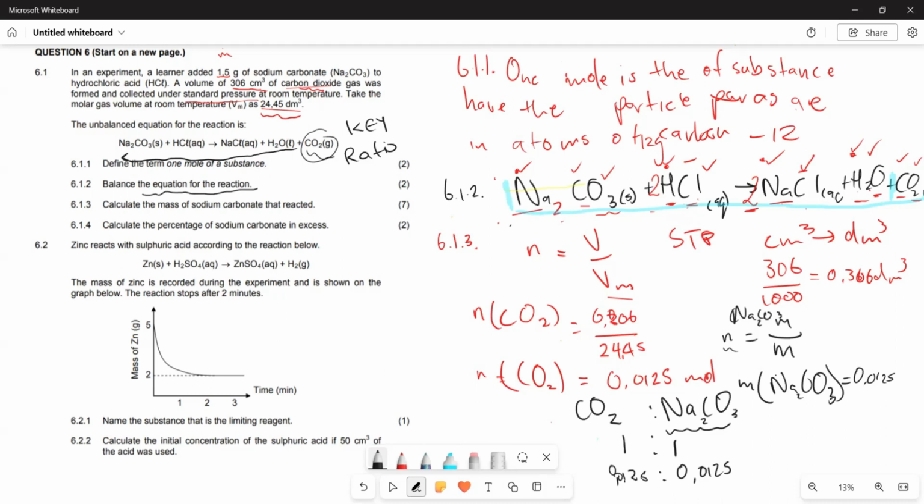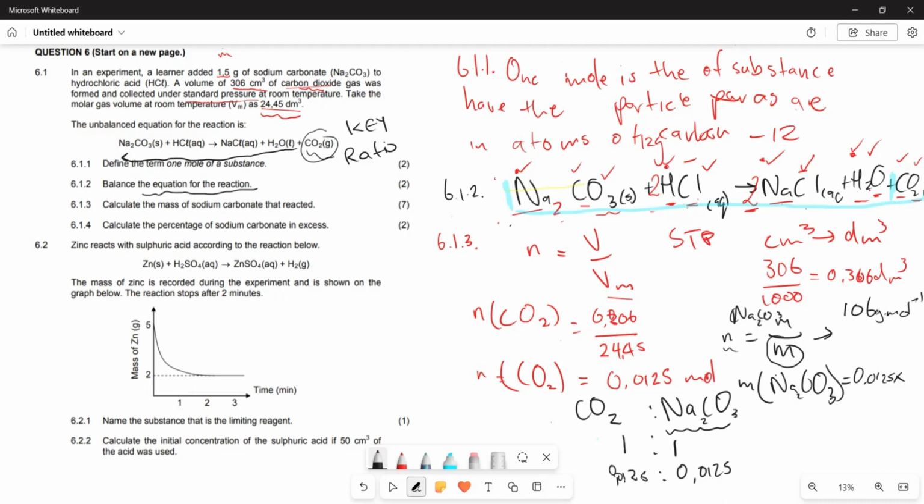0,0125 multiplied by the molar mass of sodium carbonate. What is the molar mass of your sodium carbonate? If you calculate it, you know you are going to get an answer of 106 grams per mole, right?